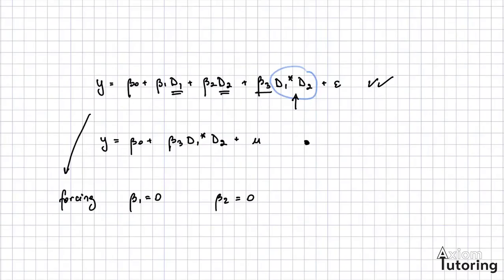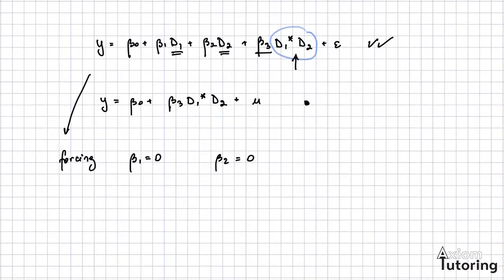One of the reasons, especially for Stata users, why this misconception might exist is because in Stata, you have two ways of including an interaction term. The first method is by creating a new variable, which is the interaction variable, so d1 times d2.